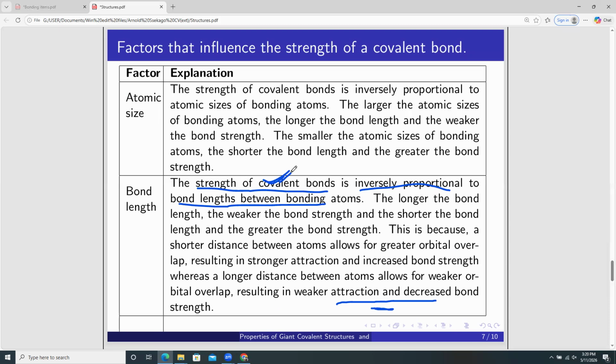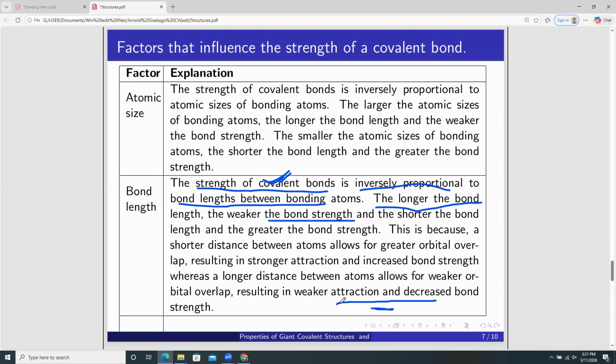The greater or higher strength should be for a small bond length. On the other hand, weaker or lower strength should be for a longer bond. The longer the bond length, the weaker the bond strength.